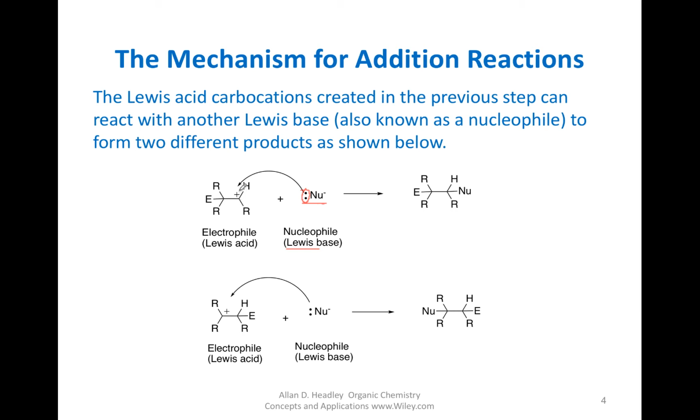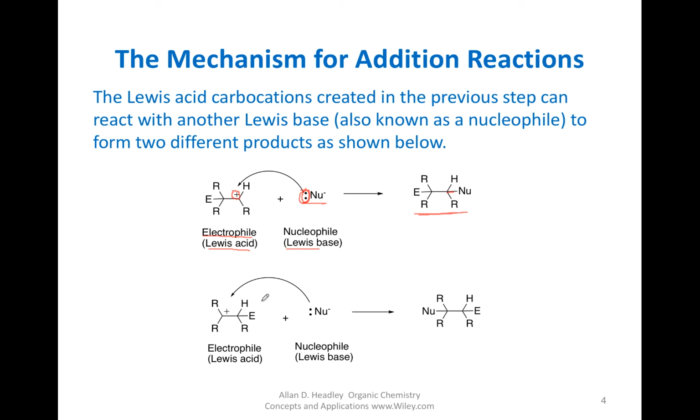The carbocation here is in fact a Lewis acid and also an electrophile. So these electrons here from the nucleophile will react with the electrophile or the carbocation to form a bond right here. And as you can see here, this is a neutral molecule, so that is your product.